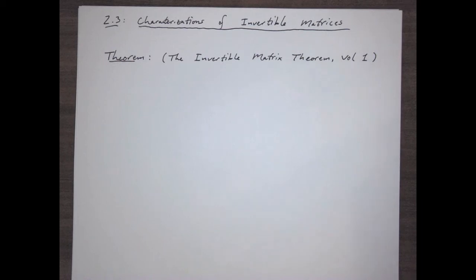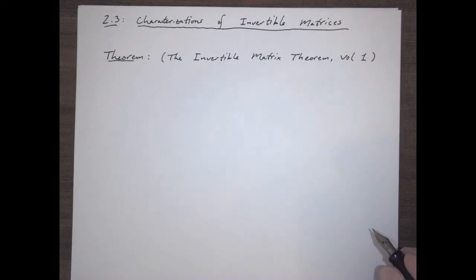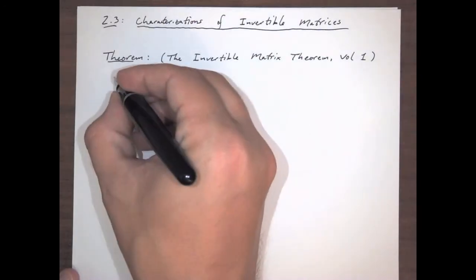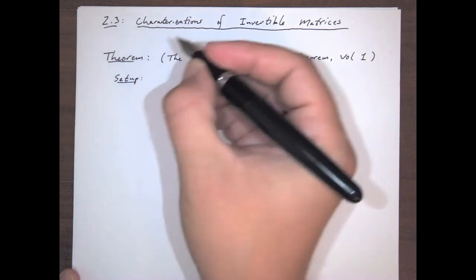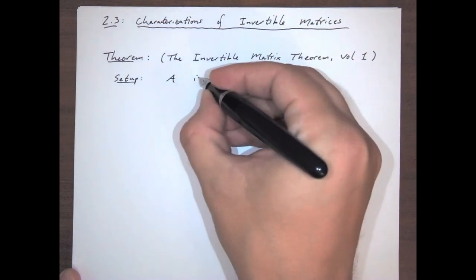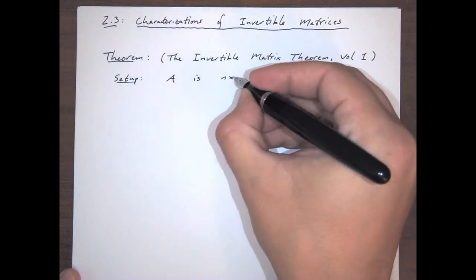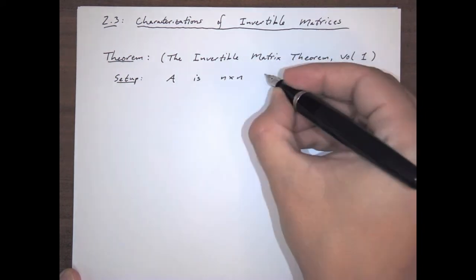There is such a thing as what is called left invertibility and right invertibility, but that's not the subject of this class. When we say invertible, we mean full-on two-sided invertibility, and so this is only even an option if the matrix is a square matrix. So the setup here: A is n by n, in other words, square.